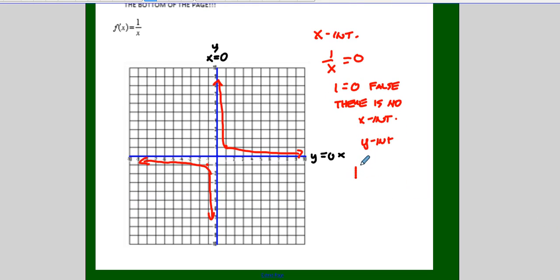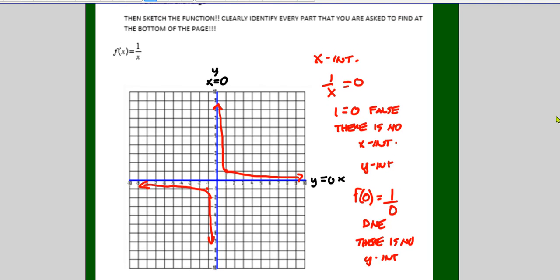So for the y-intercept, you always set x equal to 0, which is going to be 1 over 0, which does not exist because that's division by 0. And so there is no y-intercept either. You can see that it never crosses that line, so there is no point of intersection there.